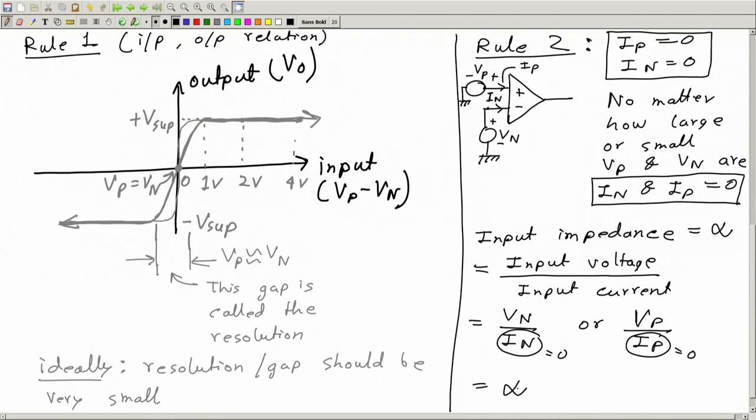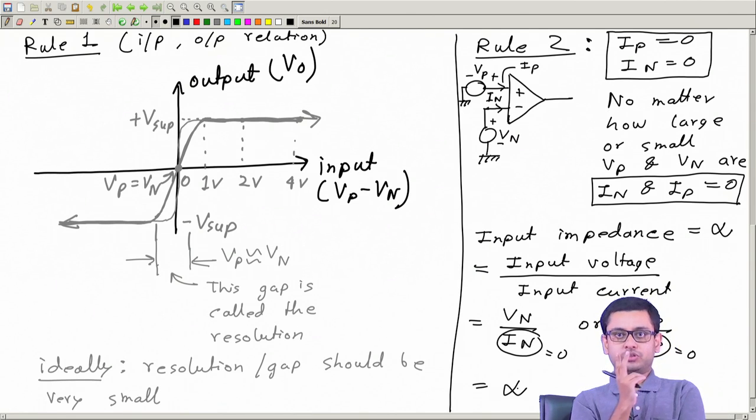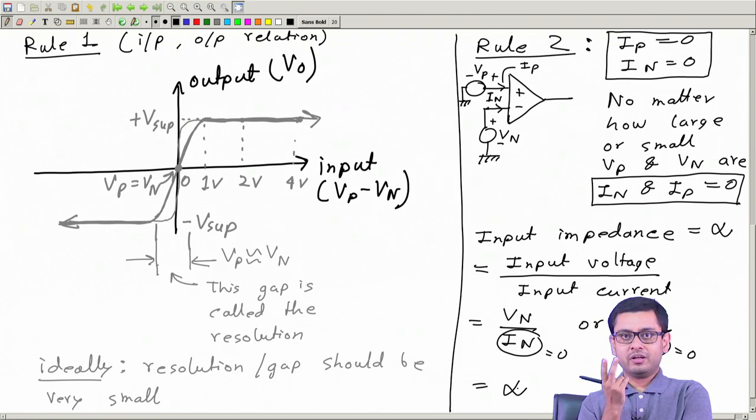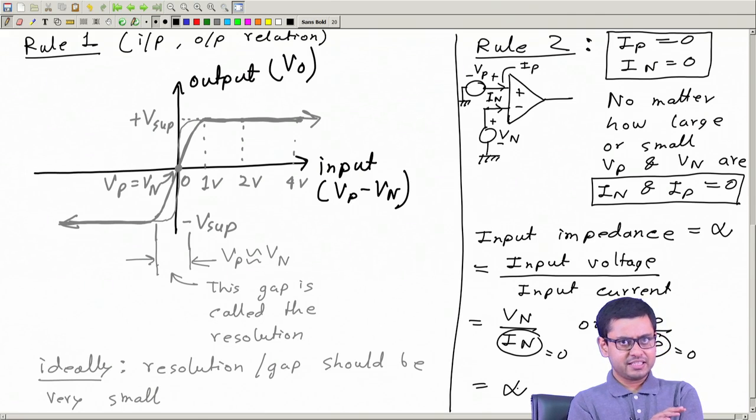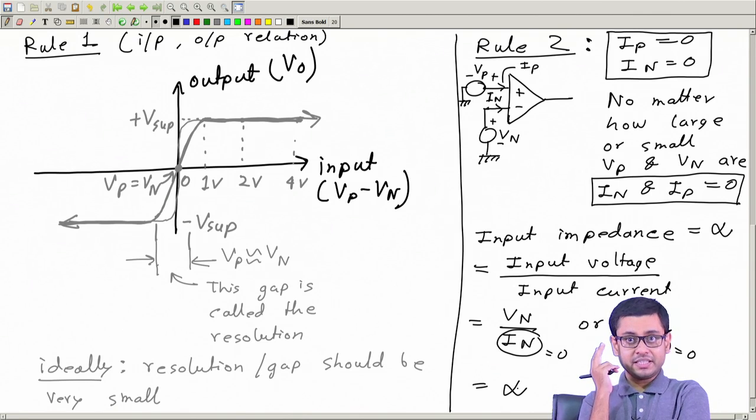So this is the second rule about an op amp. These are the two rules about an op amp that one should remember, and with only these two rules one can solve almost any problem involving op amps. What are these two rules?